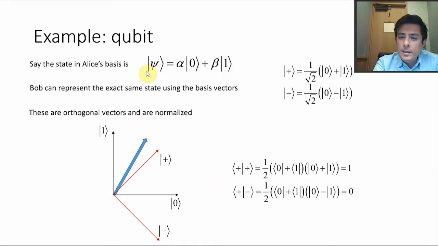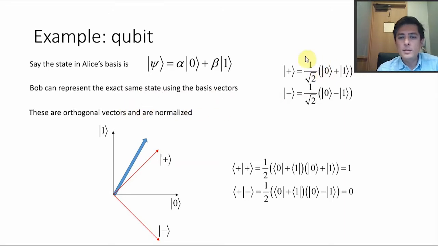But we can actually write it in another basis, another coordinate system, right? So Bob can represent the exact same state using the basis vectors written like this. This is not the only choice that Bob could have made, but it's just one example. And it's a pretty common example, so we'll be coming back to this. This is a good way to introduce it.